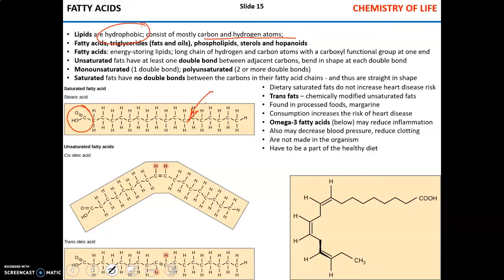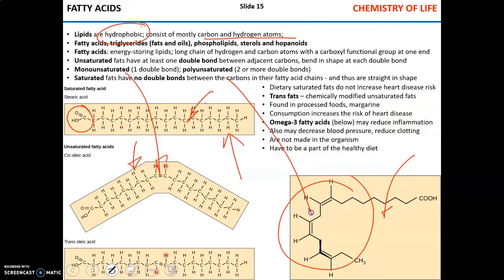Fatty acids can be divided into 2 large groups: saturated, without any double bonds, and unsaturated fatty acids, such as this oleic acid or these omega-3 fatty acids, which have multiple double bonds, also unsaturated. This is monounsaturated. These are polyunsaturated fatty acids.